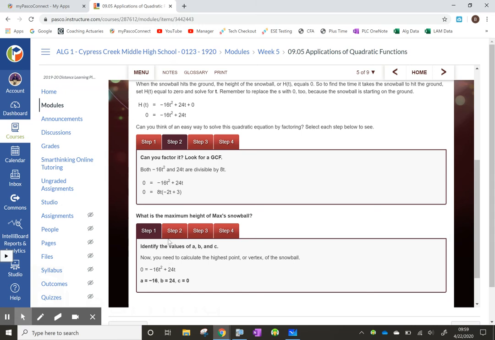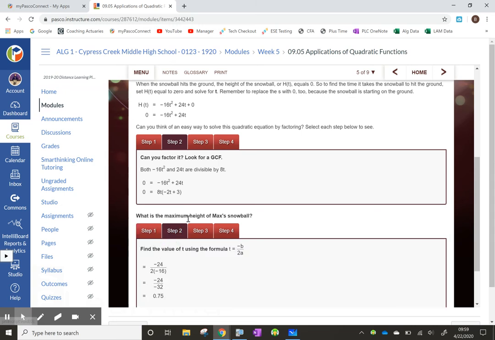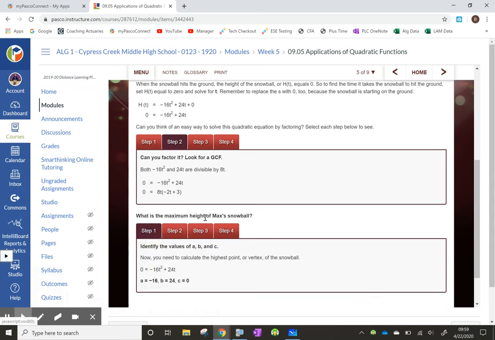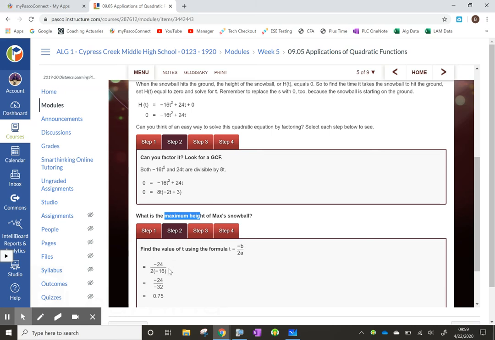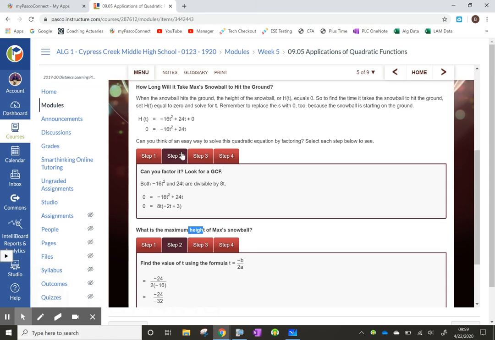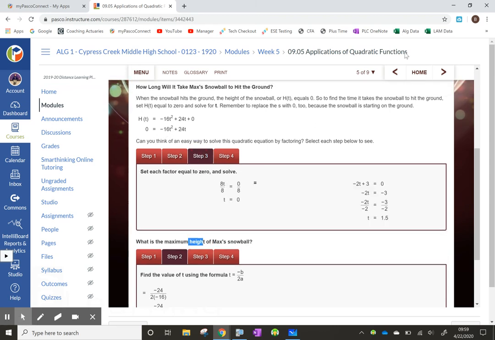Same thing down there. Again, the second one, to find the max height, you have to still use the vertex formula. So remember, max height is not involving factoring. Max height involves the vertex formula. So they're still using the -b/2a formula for that. So keep in mind, max height and when it hits the ground are two totally separate things.